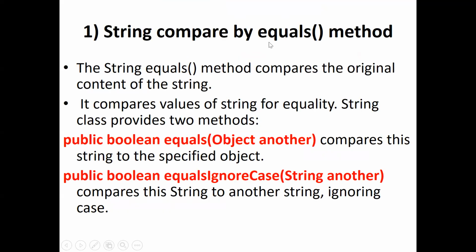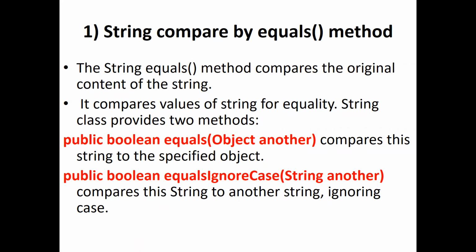First of all, let's go for the equals method. Equals means checking whether one object is equal to the other or not. If it is equal, it will return true; if not, it will return false. In the case of the equals method, it compares the actual value.